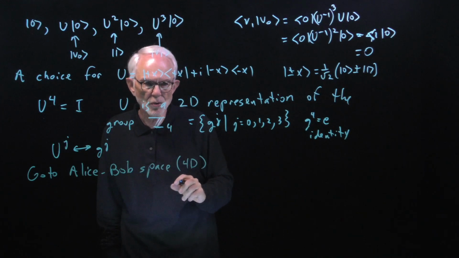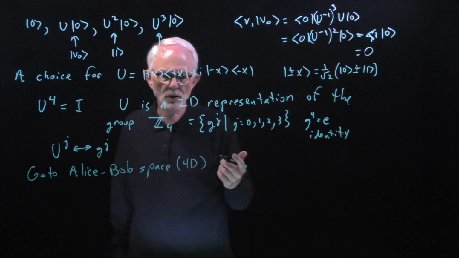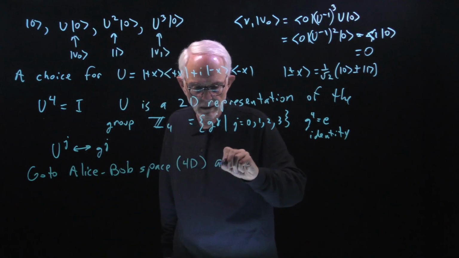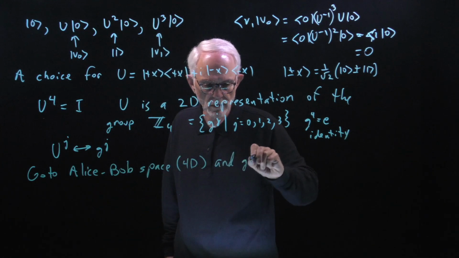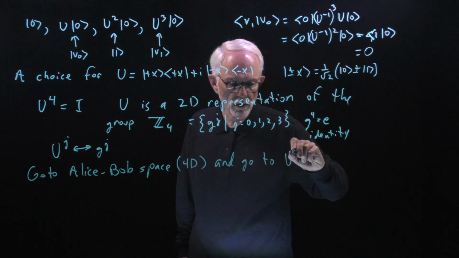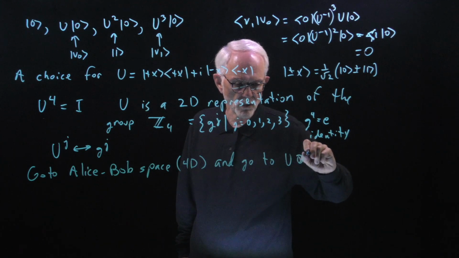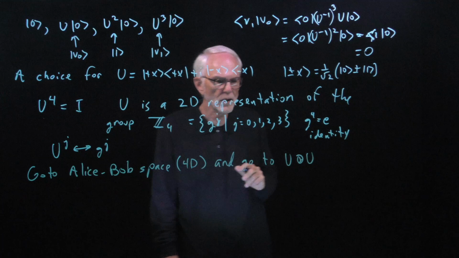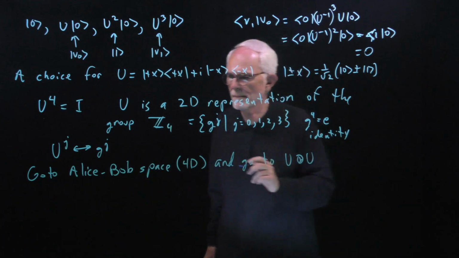And instead of U taking various powers, we're going to go to U tensor U, one for Alice and one for Bob.